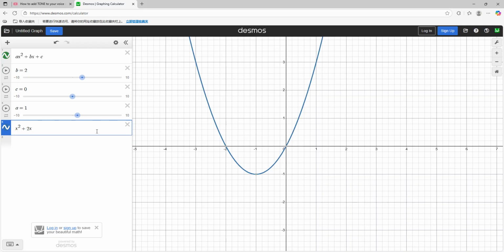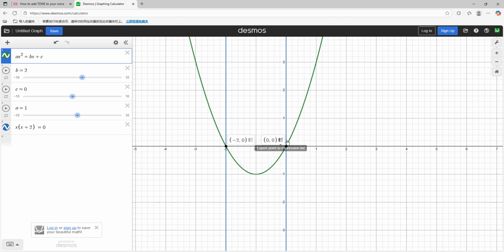So you factorize it and get x(x + 2). When y equals 0, you get the two roots of the function, x equals negative 2 or x equals 0.